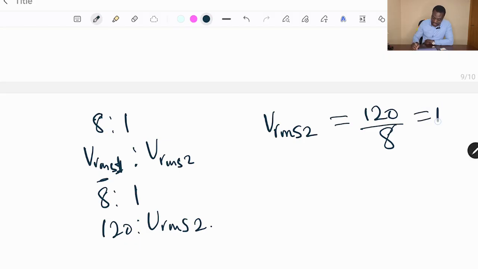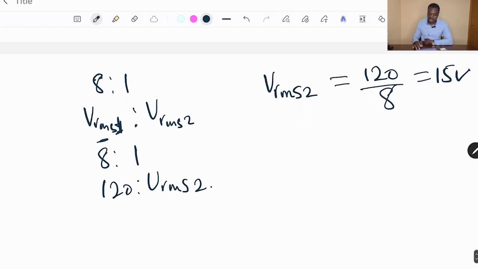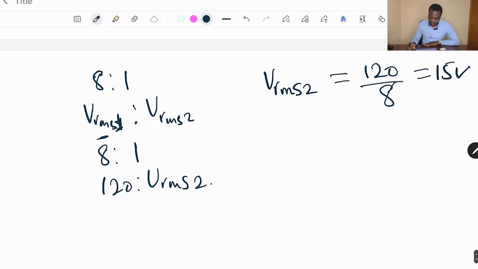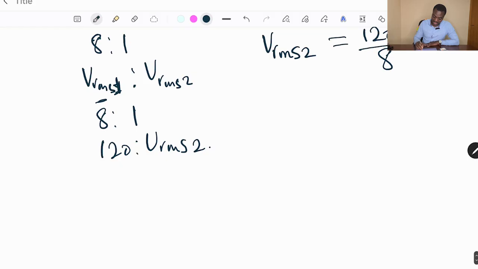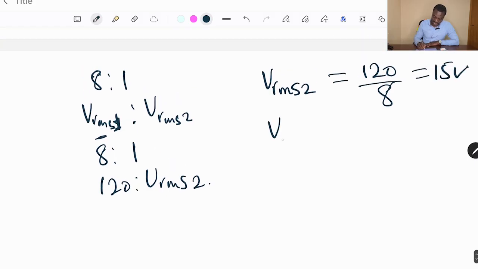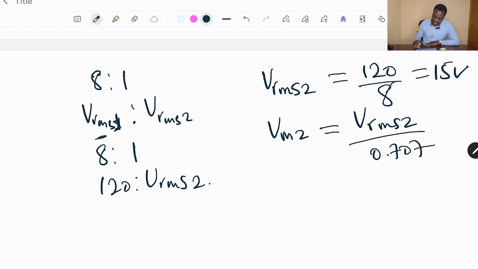So that will give me 15 volts, which is the root mean square value for V2. Now let's get the maximum voltage for V2. In that case, we use the same formula: maximum voltage for V2 equals the root mean square value of V2 over 0.707.